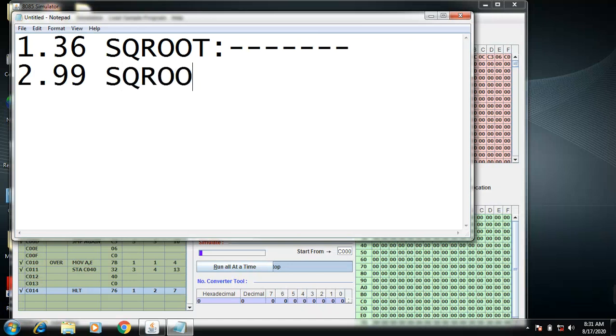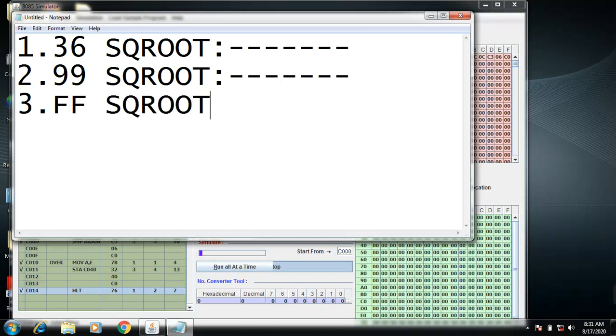This is another data to find the square root of. The next, third one is FF. This is the third data. So these are some 8-bit data to find the square root of.